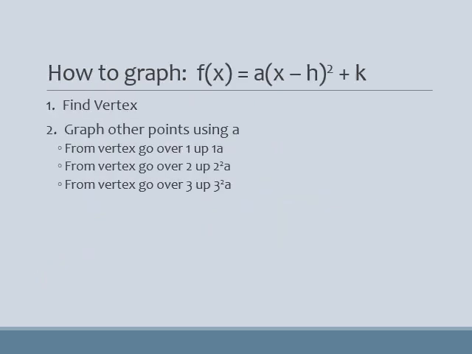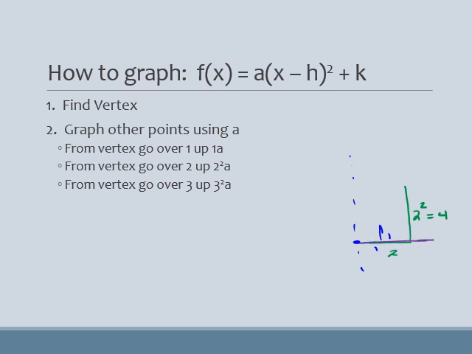So we're going to find the vertex of our equation when we graph, and then we're going to use other points by going from the vertex. And remember, we have an axis of symmetry. So from our vertex, because this is squared, I'm going to go over 1 and up 1. Then from that vertex, I'm going to go over 2, and then I'm going to go up 2 squared, or 4.